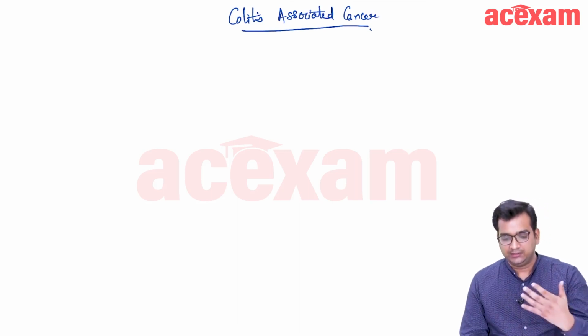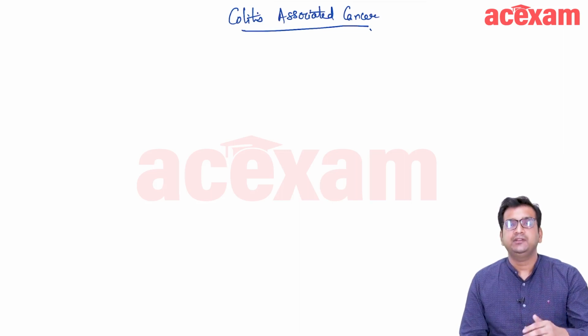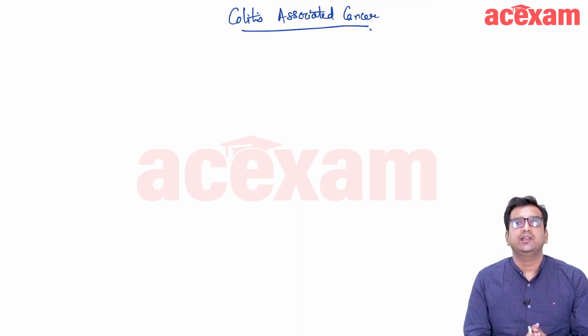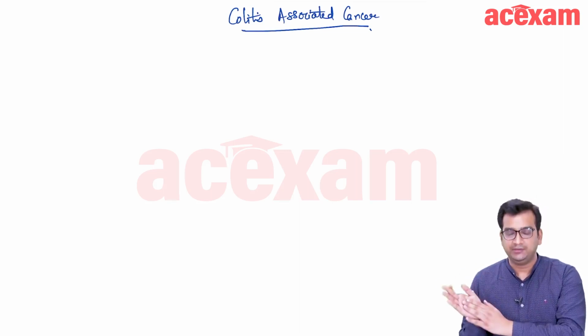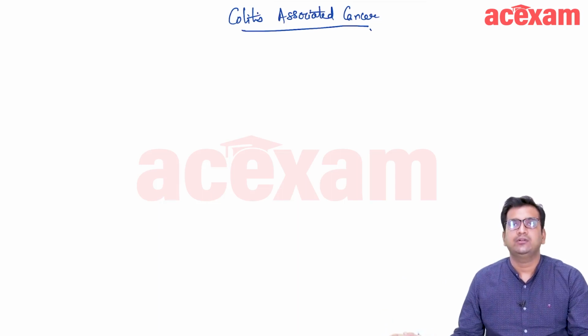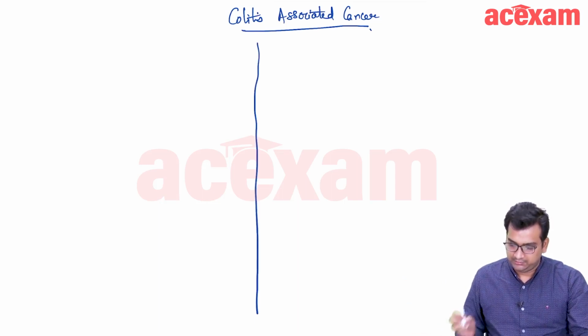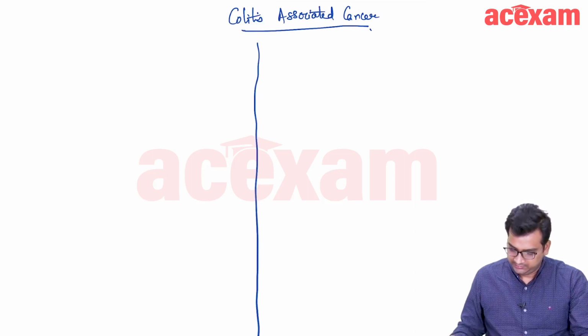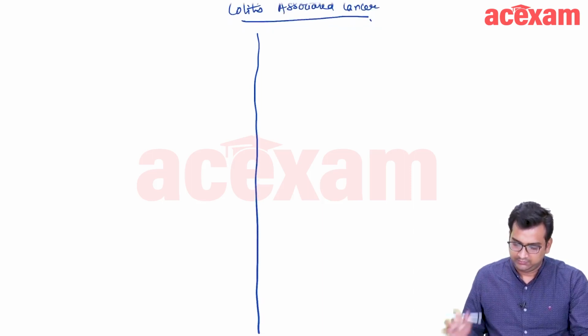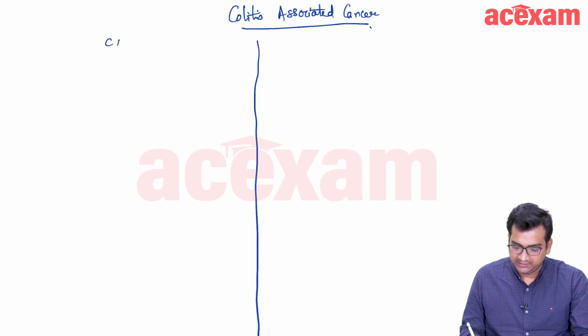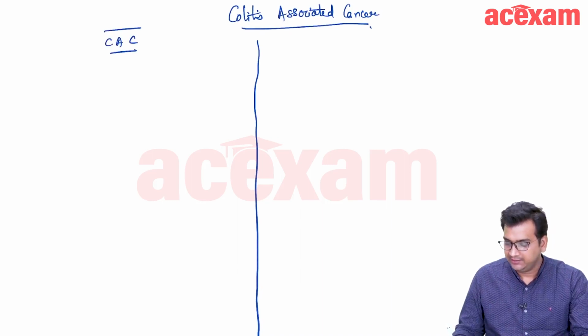Now, what is the difference between a tumor which is associated with colitis and a conventional CA colon or CA rectum which we are reading routinely? Okay, so I will make a table to make you understand. This is a colitis associated cancer, and here there is a sporadic cancer.